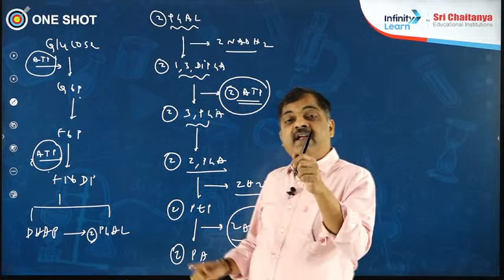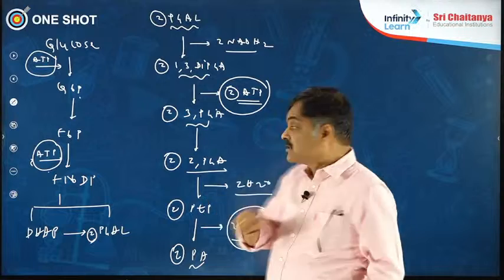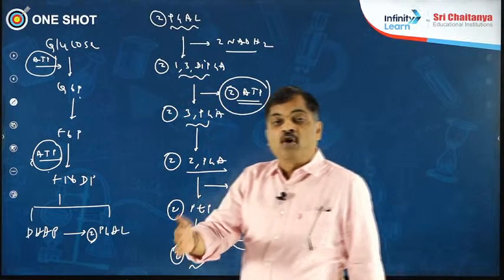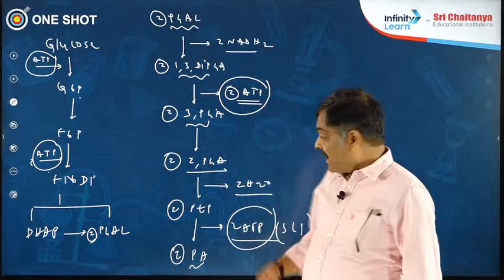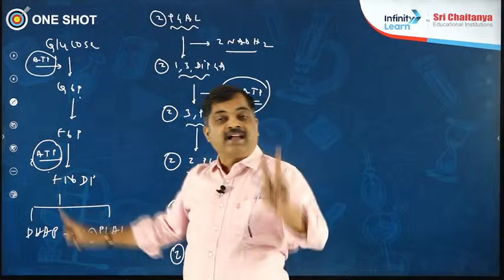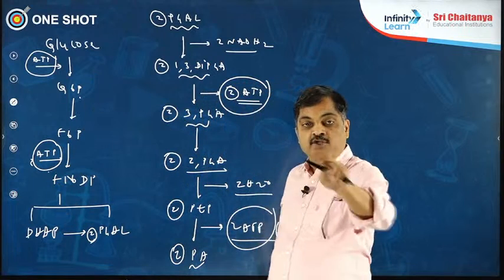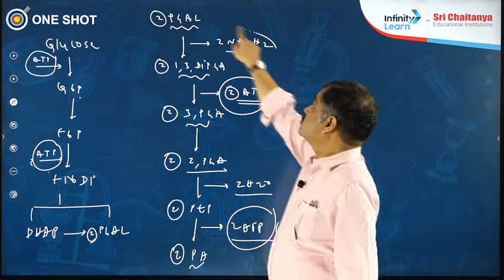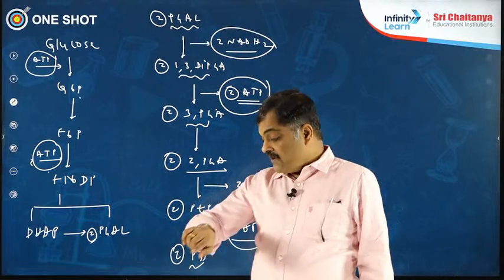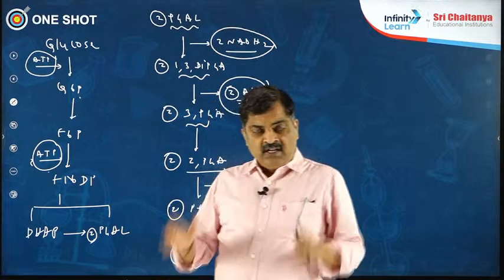How many substrate level phosphorylation reactions? 2 here, 2 here, 4. Reactions are 4, steps are 2. All right, number of ATP formed 4. Number of ATP utilized 2. Net ATP 2. How many NADH2 formed? 2. Remember this. Embden, Meyerhof and Parnas discovered these reactions.